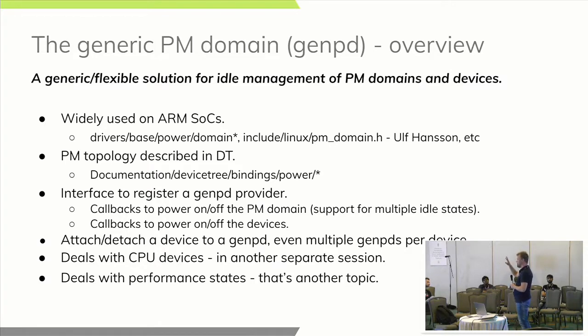So it allows us to describe the system in a quite nice manner. So that's what the generic PM domain is all about, helping you to model the topology of the system.